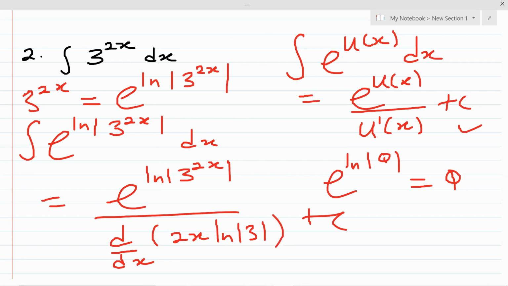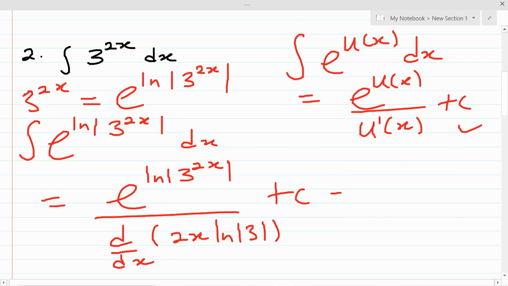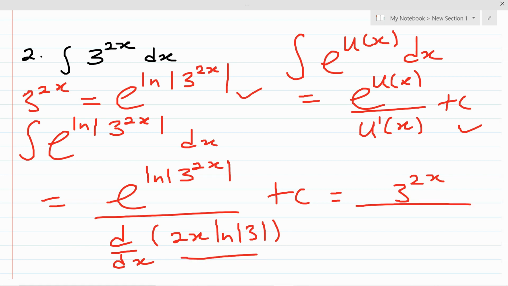Then e to the ln of 3 to the 2x is equal to 3 to the 2x, over, if I differentiate this side with respect to x, ln 3 is a constant, so I differentiate 2x and I get 2. So I get 2 ln of 3, then plus c.